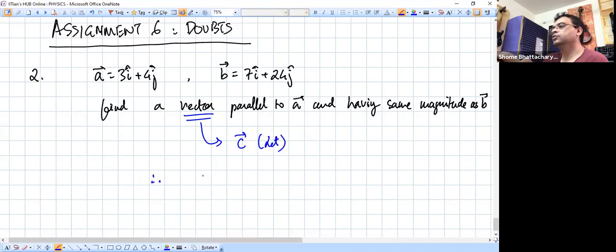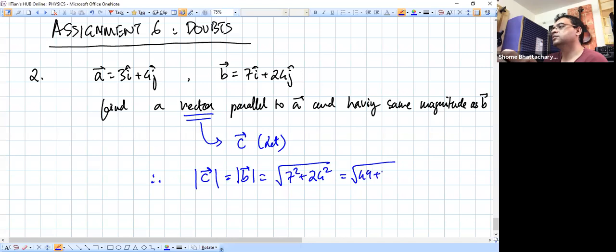So therefore, we know that magnitude of C should be equal to magnitude of B, which is square root of 7 square plus 24 square. So that is 49 plus 576. Correct. So that's 25. Okay. So mod C should be equal to 25.